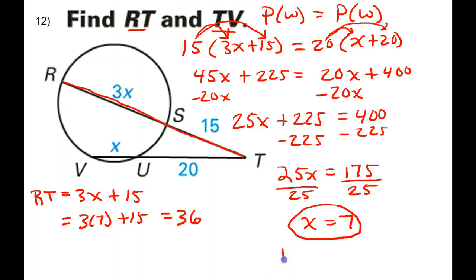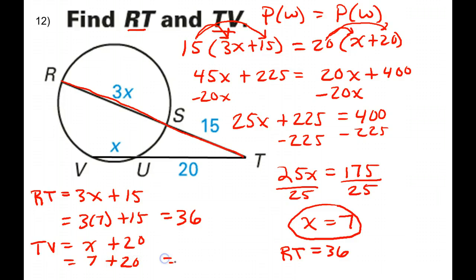All right, so RT is equal to 36. Similarly, TV is x plus 20. All right, but x is 7, so that's just 7 plus 20, which of course is 27. So TV equals 27.